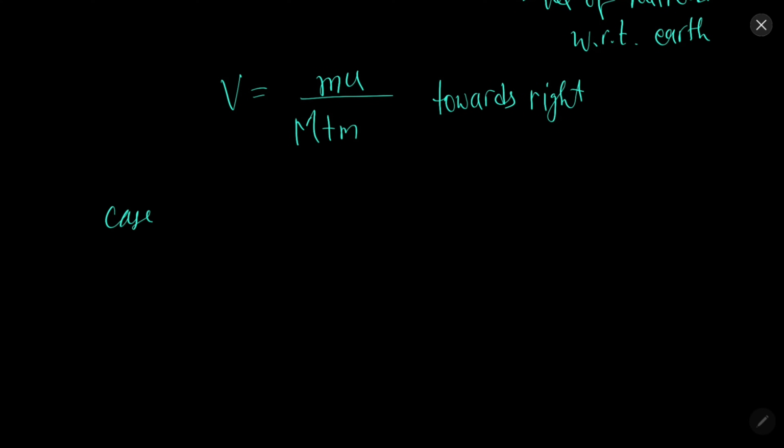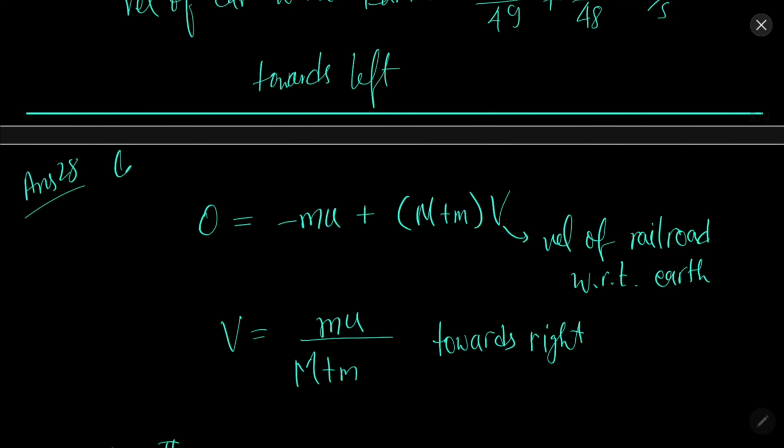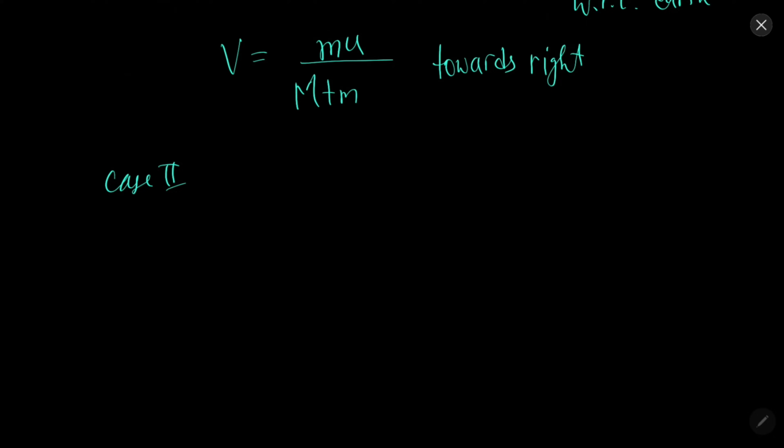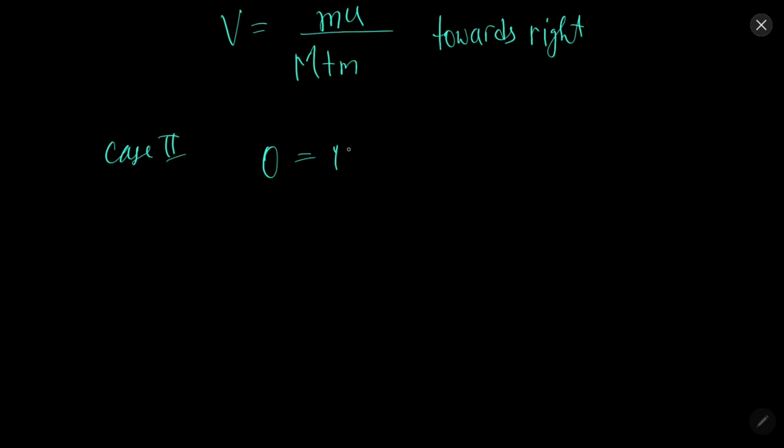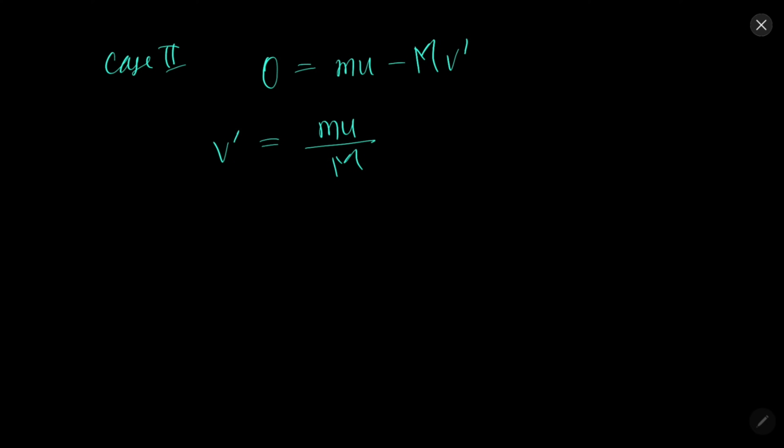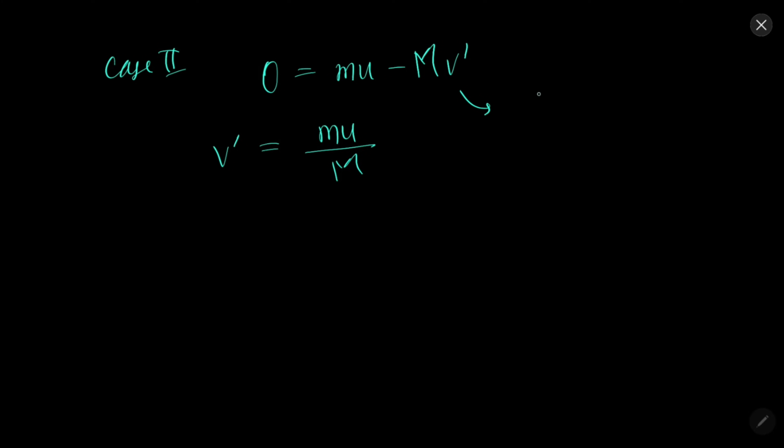And in case 2, zero equals mu minus m v dash. So v dash will be mu over m, where this v dash is the velocity of the man with respect to the car.